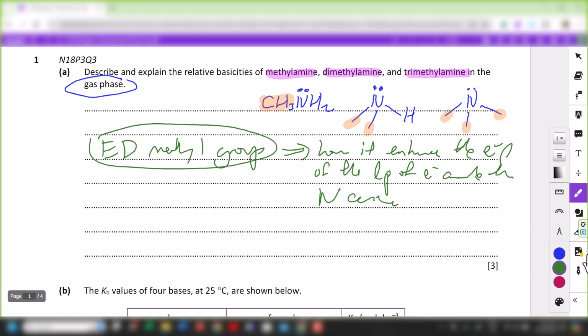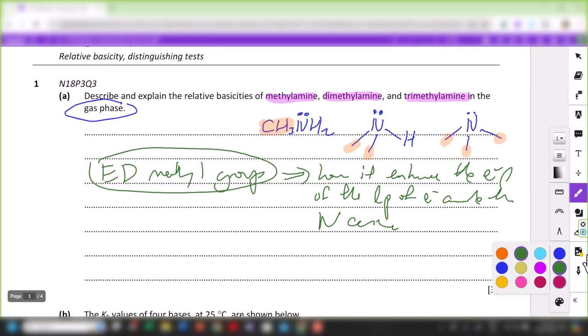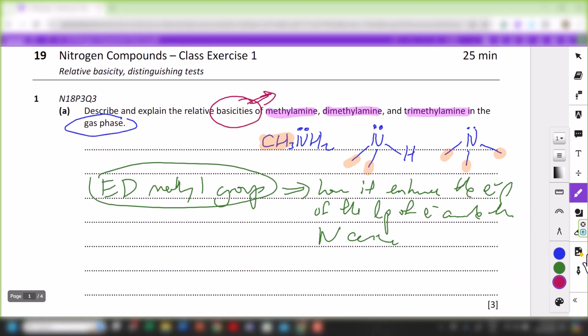And when the electron density of the lone pairs on nitrogen is enhanced, they become more available to donate to either a H plus or a Lewis acidic site. Because the focus here is basicity, we are looking at its role as a base. That means attracting a H plus.